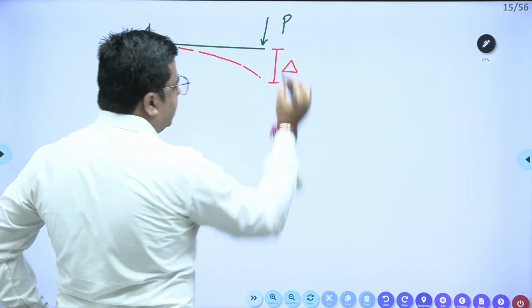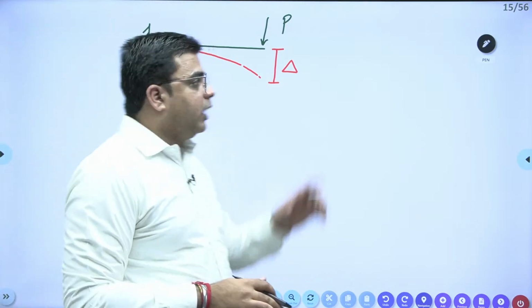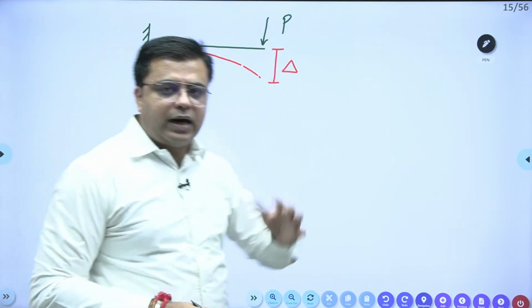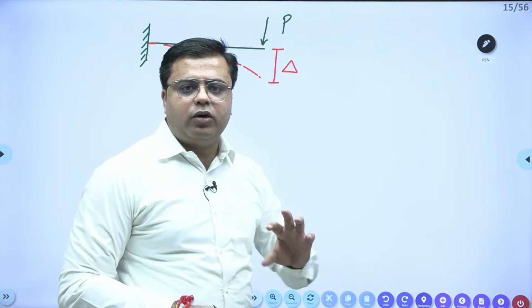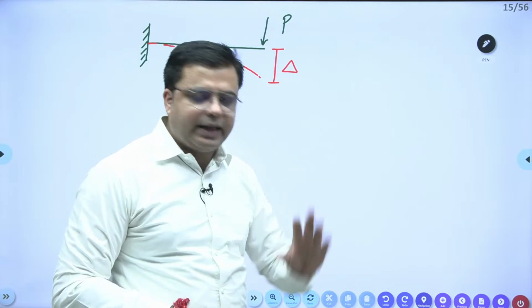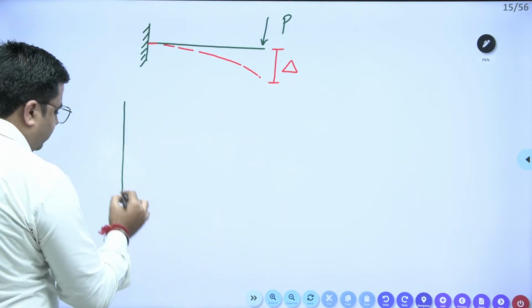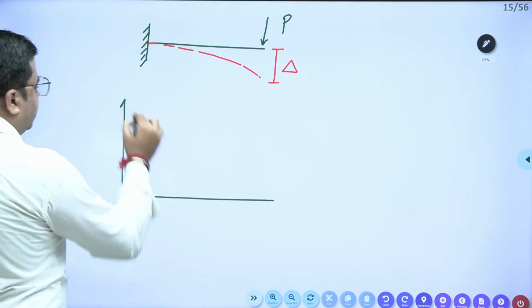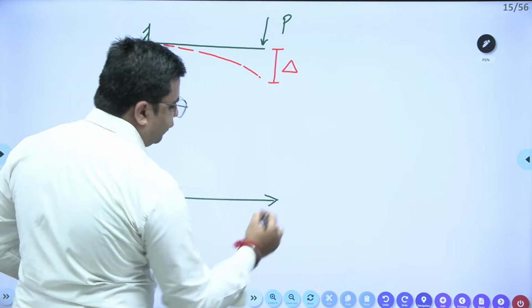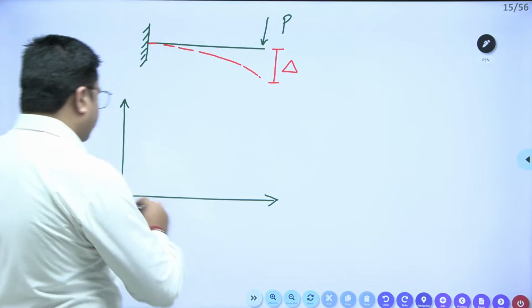Whenever we talk about these loads, they are gradually applied, not suddenly applied load or impact load. When you gradually apply load, you will see the deformation in the beam.